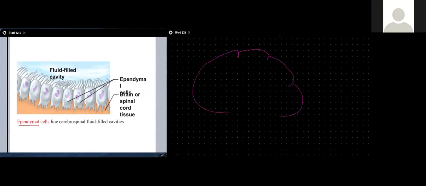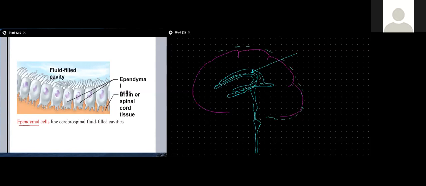And those ventricles that will look like this are going to be allowing the circulation of a fluid inside, and also this fluid is going to be circulating around the brain and the spinal cord.